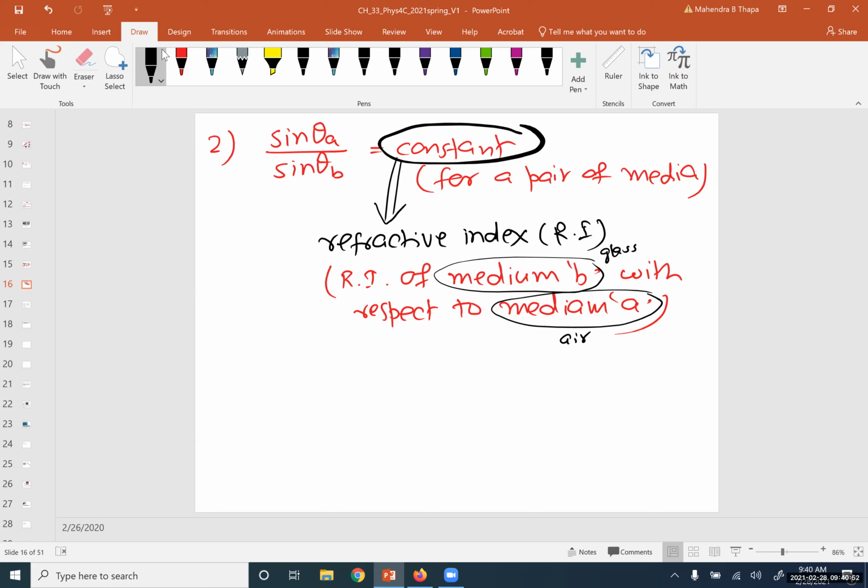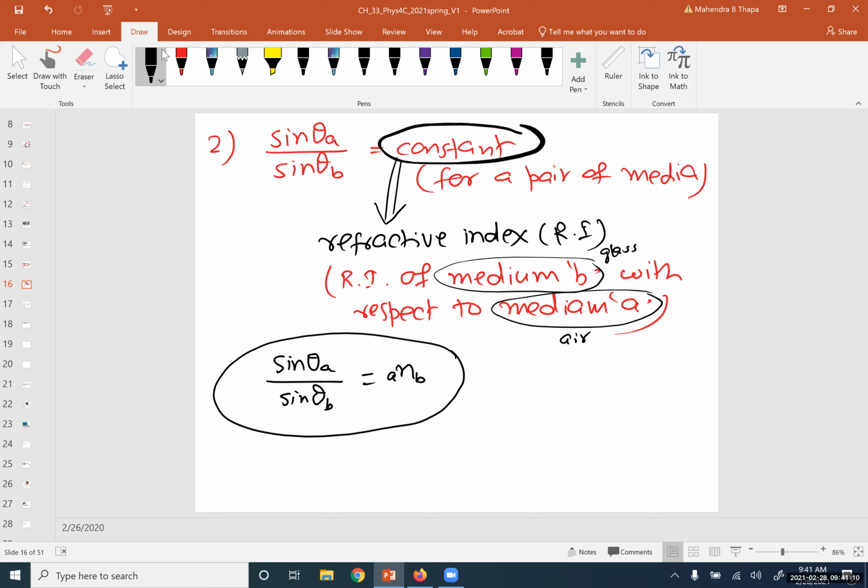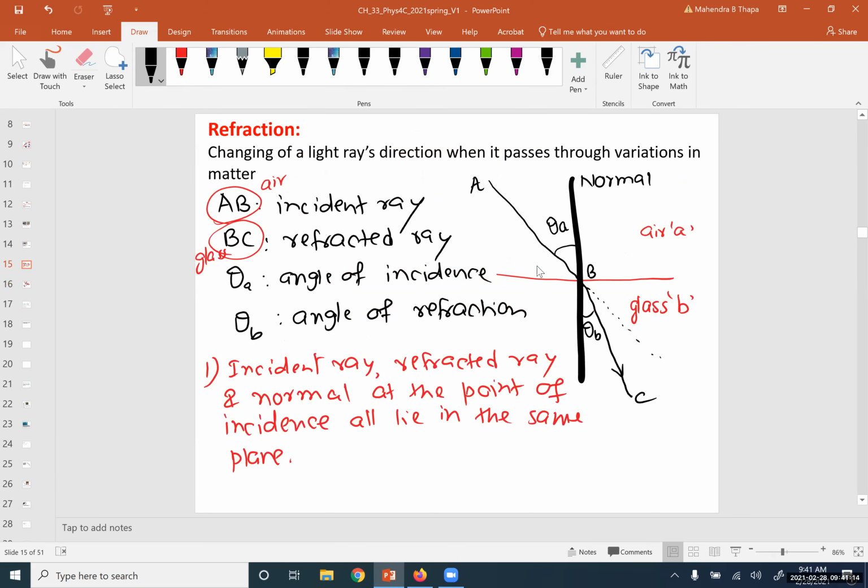If this is the case, we write sine theta A over sine theta B equals eta A to B. Okay, if we don't specify which color of light, which kind of ray, in general, if the color is not specified, we take it for yellow light.